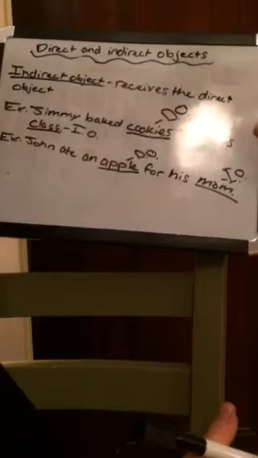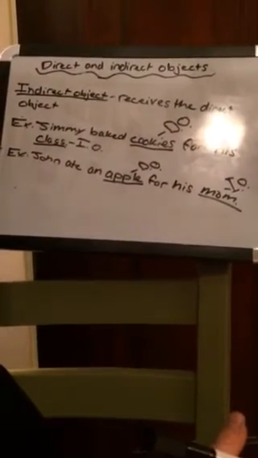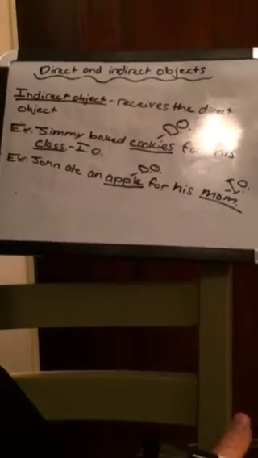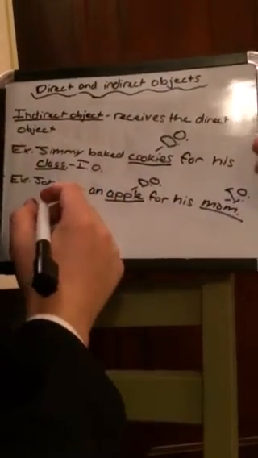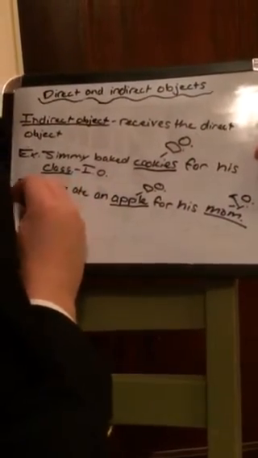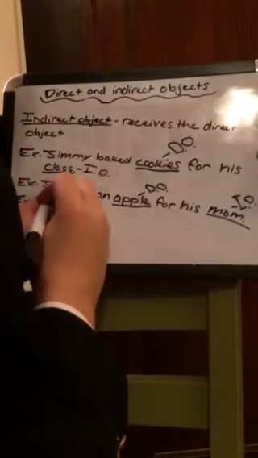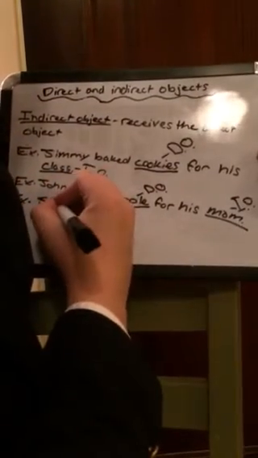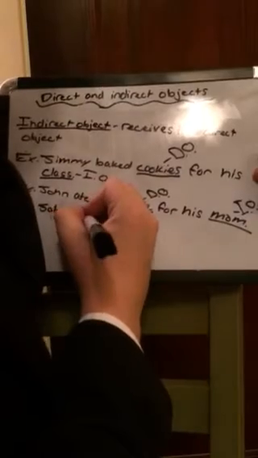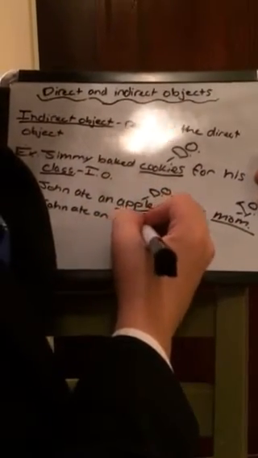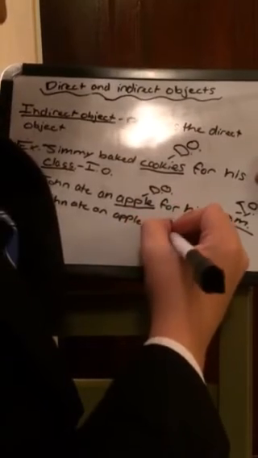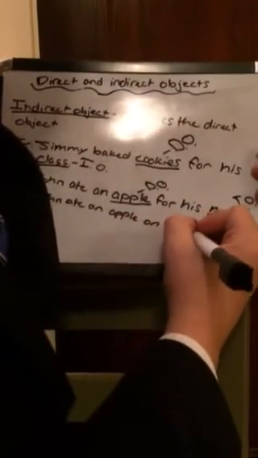But there is one rule to this. Your indirect object will not be in a prepositional phrase. So, let's see here. Just tweak that past example. John ate an apple on his mom.